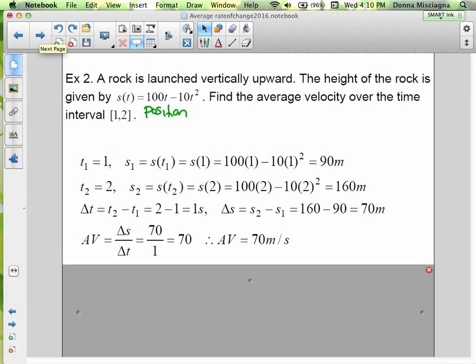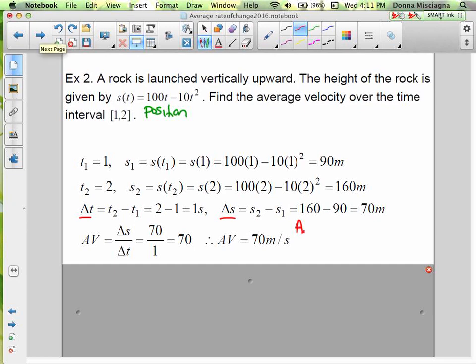All right, and so now we need to take the change in position divided by the change in time. Right? So I have it listed above here, change in time and change in position. I tend to just write it like this and not calculate it out separately.